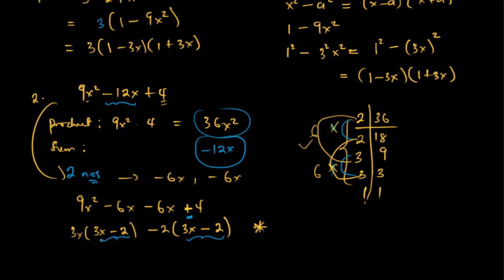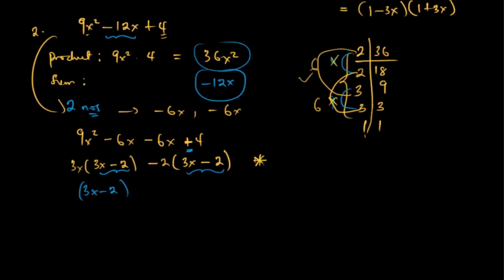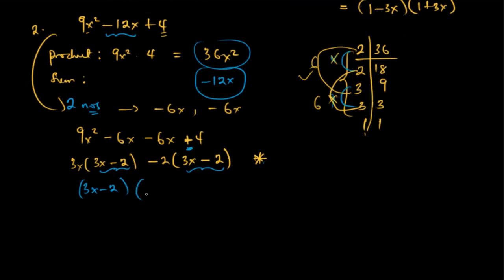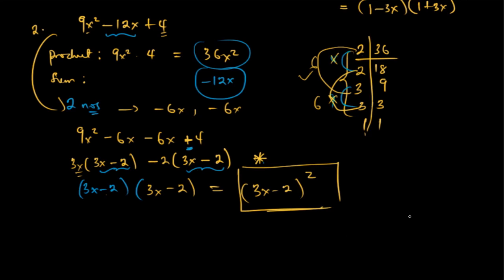Now 3x minus 2 is common to the two of them. So we have (3x minus 2), and then we are left with 3x minus 2, and this times this gives us (3x minus 2) squared, and that completes the problem.